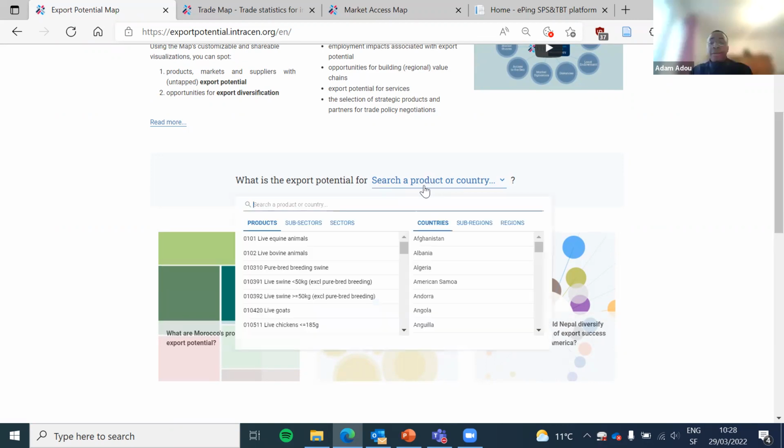Let's take a look at one country, for instance. You see that you have the choice between looking at the potential for a specific product, a subsector or a sector, or looking at the potential for a country, sub-region or region. Let's do it step by step and start by looking at a specific country. For instance, let's take the example of Thailand.